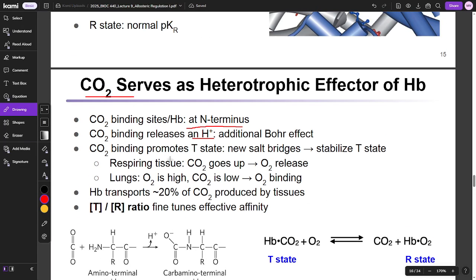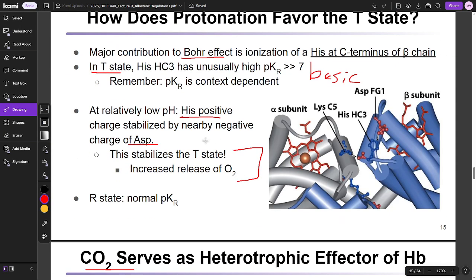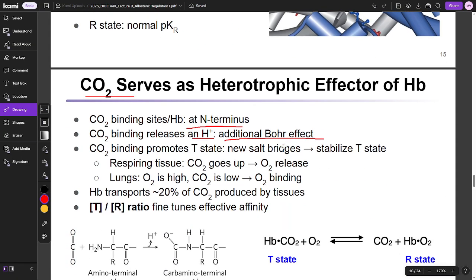Let's see if they talk about why. But the CO2 binding that releases an H plus also leads to the Bohr effect that we talked about up here, where this whole section is about the H plus binding to the histidine.